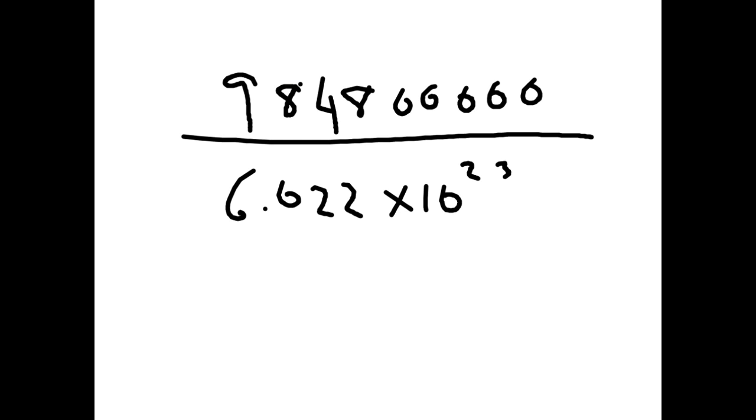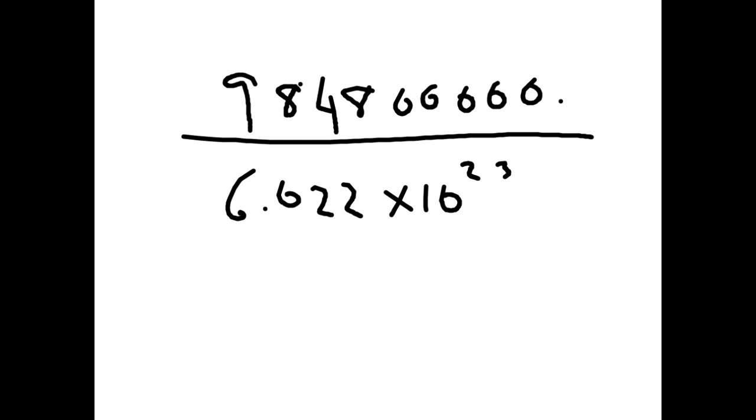If you divide that by that, what do you get? Now that number, I'd like you to put in scientific notation first, assuming the decimal to be at the end.